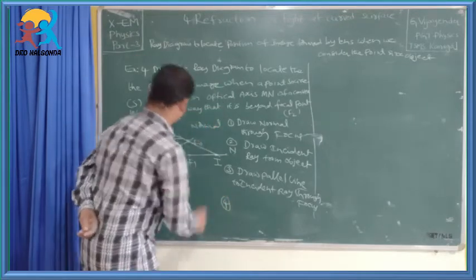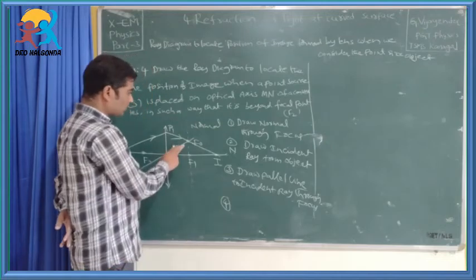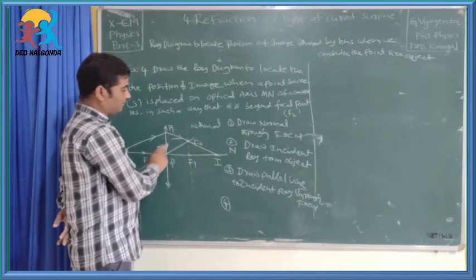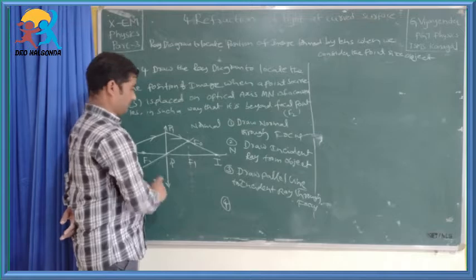Fourth one, draw the refracted ray through the intersection point of normal and parallel line.